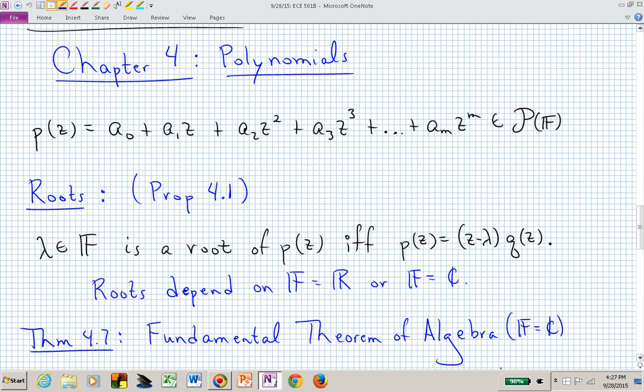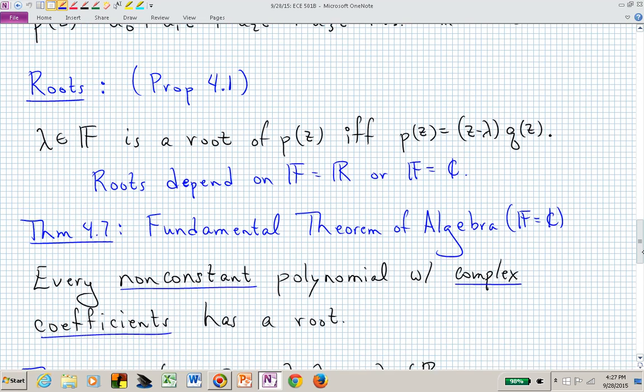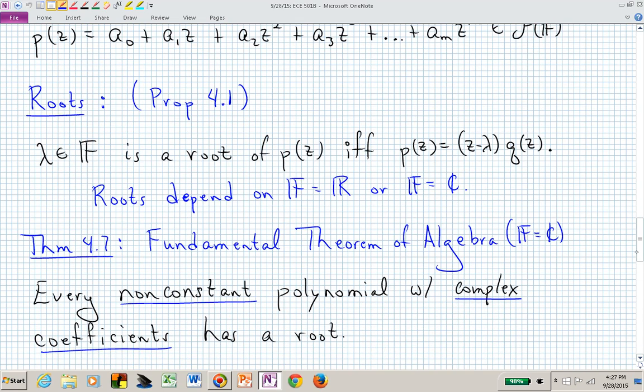Maybe that's not how you've thought of polynomials in the past, but it's nice to have that understanding. That's what we mean by a root. You need to be able to factor out this factor z minus lambda. And when we're dealing with the field being reals, that isn't necessarily always guaranteed for a generic polynomial. And we're going to see that in a minute.